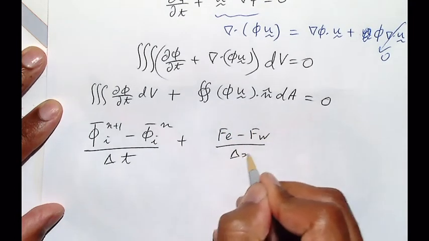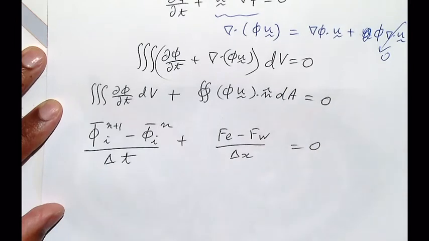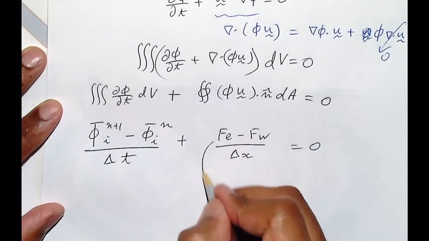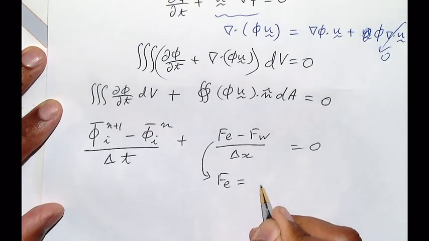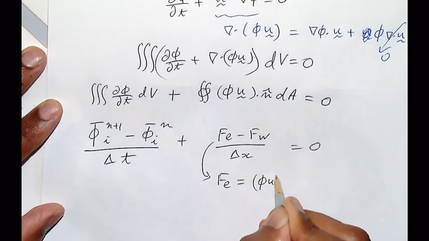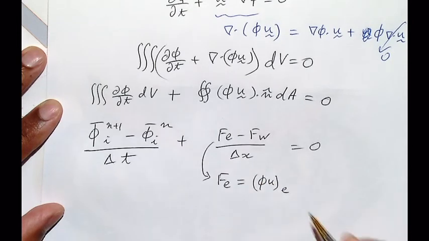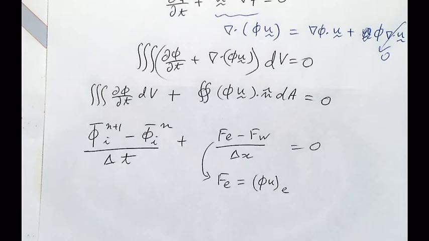F is phi u, so phi u east and phi u west. Okay.